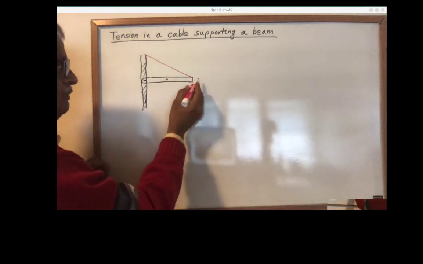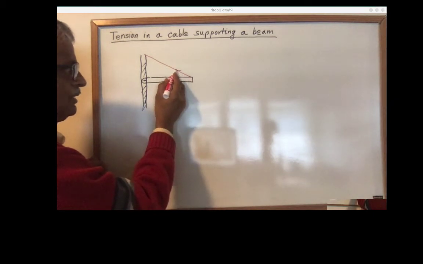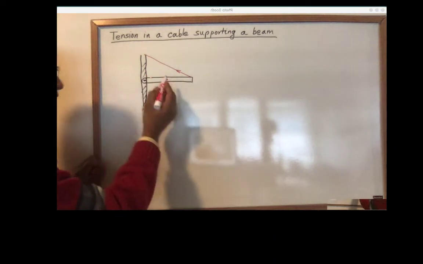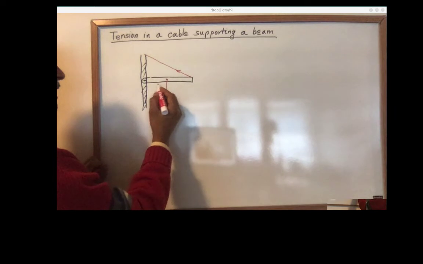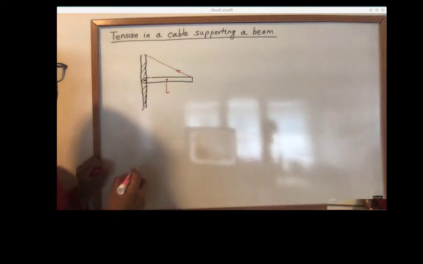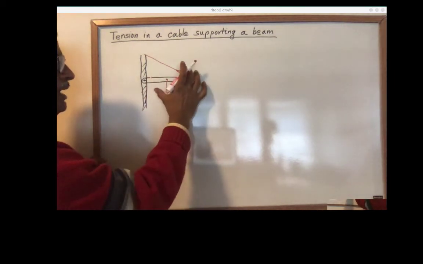So if you look at the force on the beam by the cable, it is that way. So there's a tension like that, and there's a weight that way, and then there's a normal force from here in some direction which is balancing all of these.